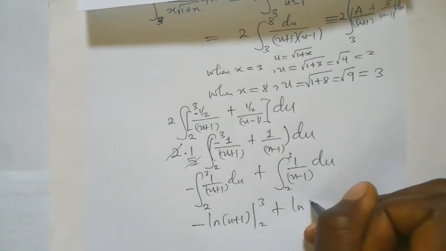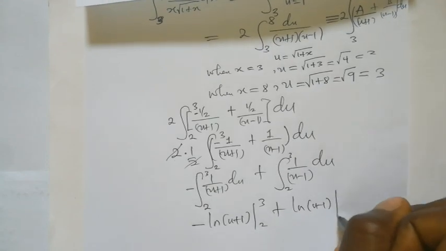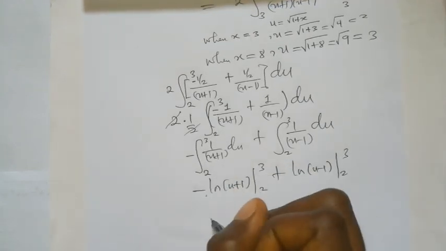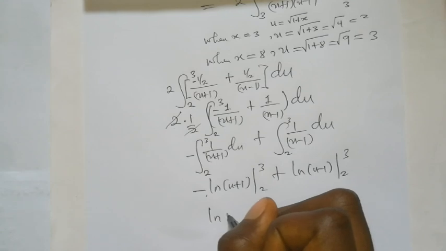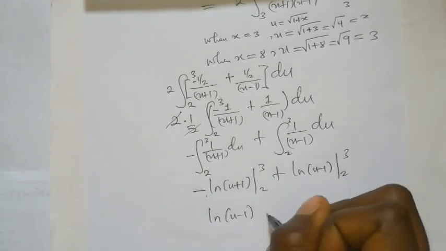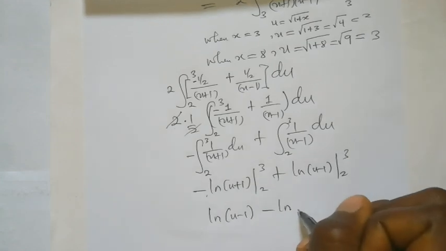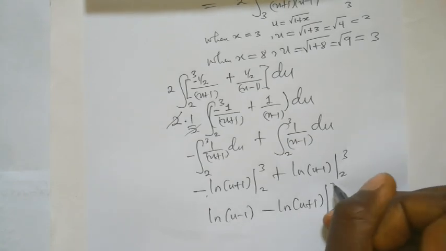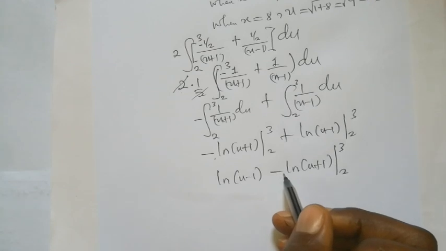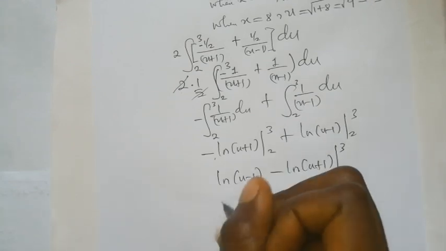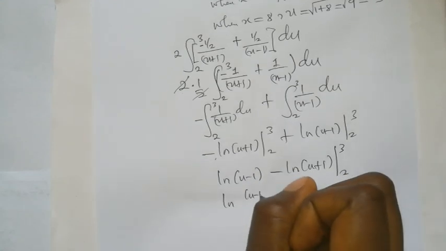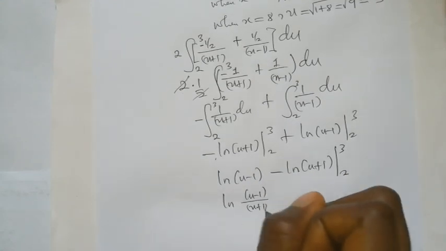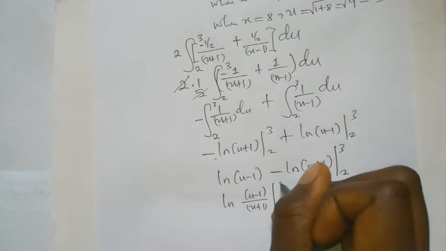Since there is a minus here, we can do an interchange: ln of u minus 1 minus ln of u plus 1, everything from 2 to 3. Minus signifies division when it comes to logarithm, so we have ln of u minus 1 all over u plus 1, everything from 2 to 3.